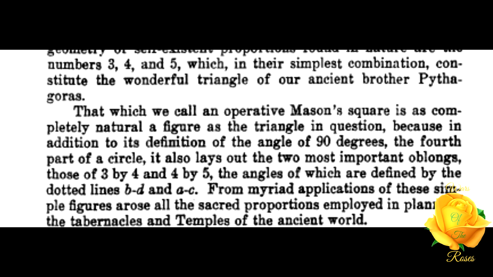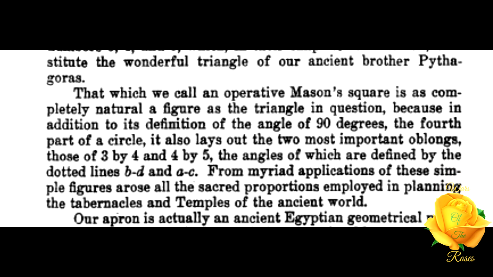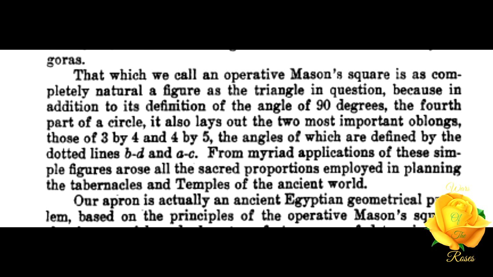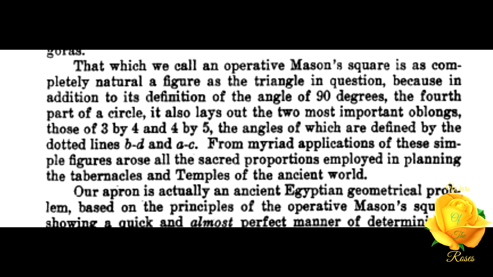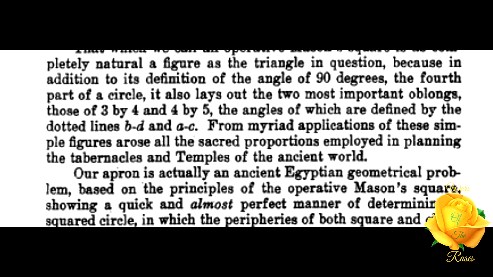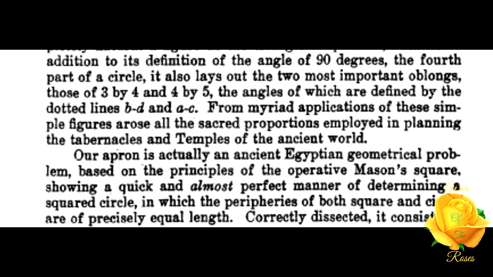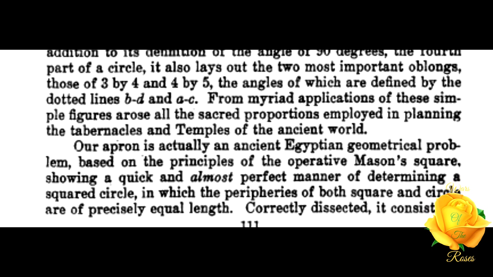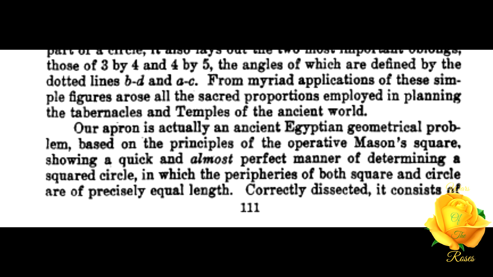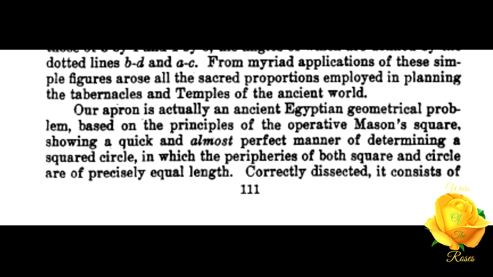That which we call an operative Mason square is as completely natural a figure as the triangle in question, because in addition to its definition of the angle of 90 degrees, the fourth part of a circle, it also lays out the two most important oblongs, those of 3x4 and 4x5, the angles of which are defined by the dotted lines BD and AC. From myriad applications of these simple figures arose all the sacred proportions employed in planning the tabernacles and temples of the ancient world.